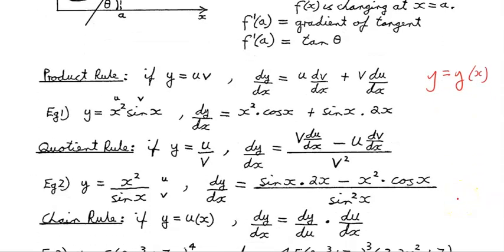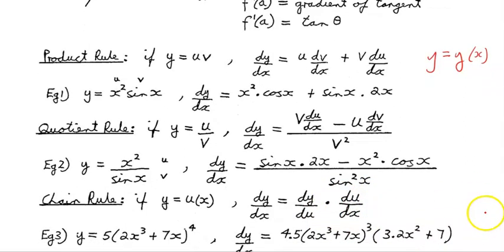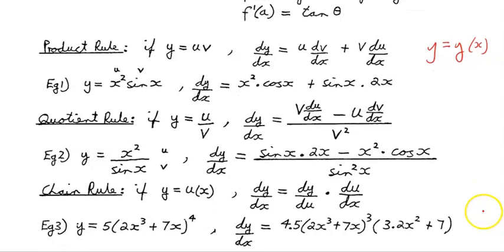Chain rule. If y equals some expression u, which is a function of x, then dy dx is dy du times du dx. Examples are probably the best way to show this. Let's say we start with y equals 5 times, in parentheses, 2x cubed plus 7x, all to the power of 4.